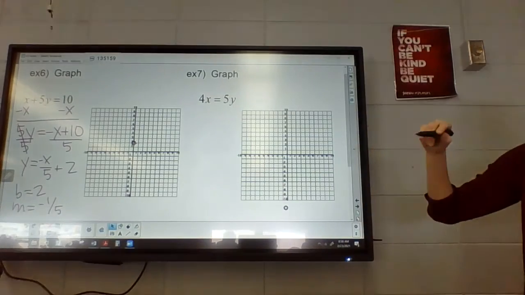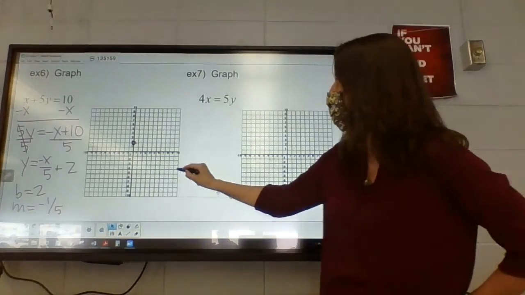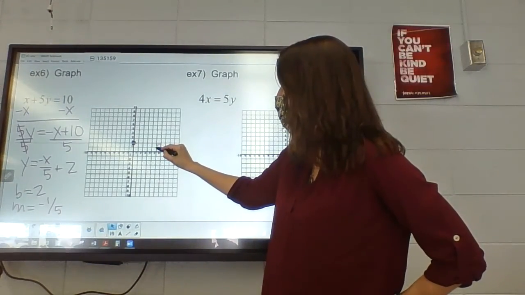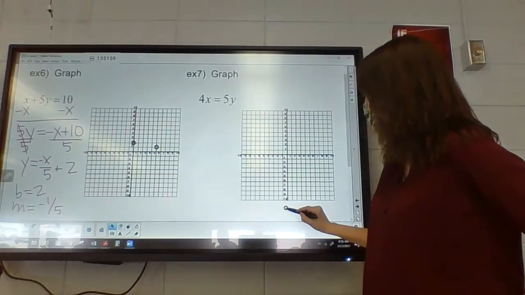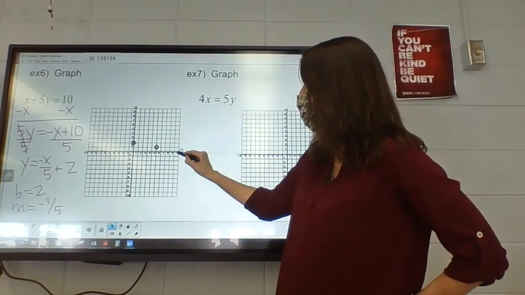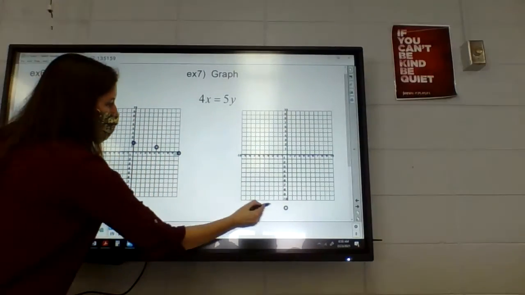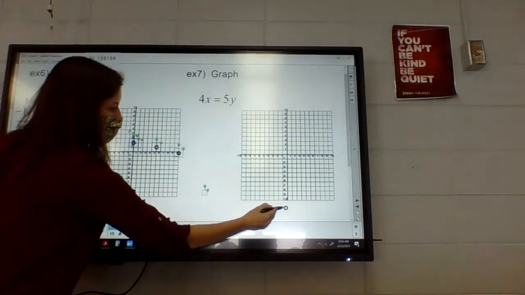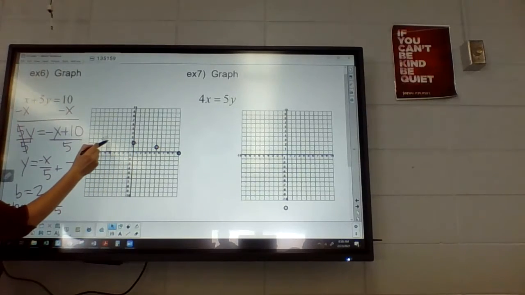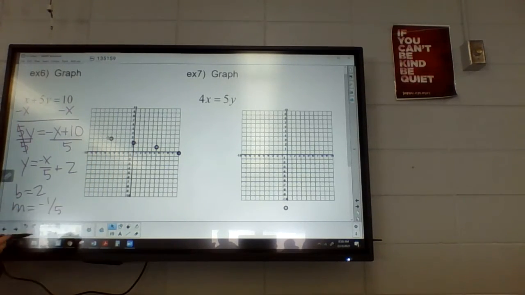And then we're going to go down 1 and over 5. So this is a gradual downhill slope here. Down 1 over 5. We could go up 1, back 5 as well. And to get our line.